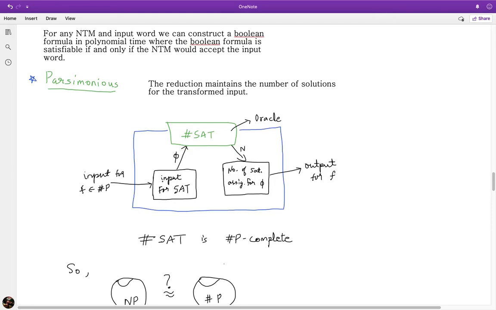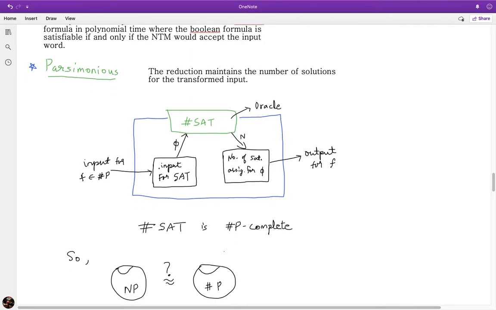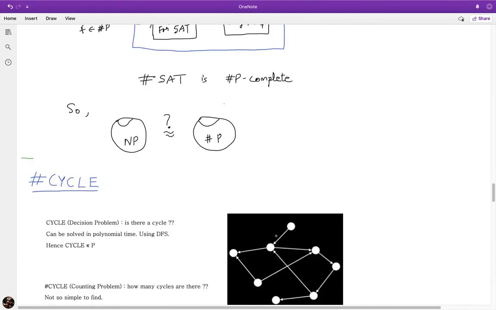And because this also has the same number of valid assignments, we get n, which is the output for f. So in this way we can reduce any counting problem f which belongs to HashP to a HashSat problem. So HashSat is HashP complete.